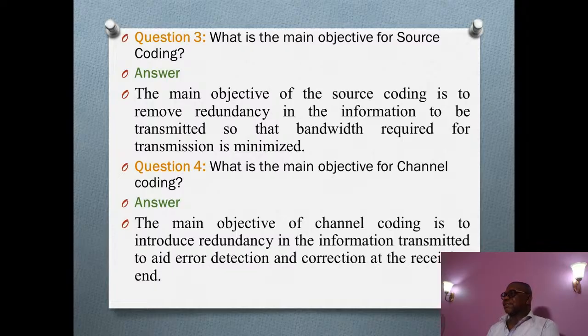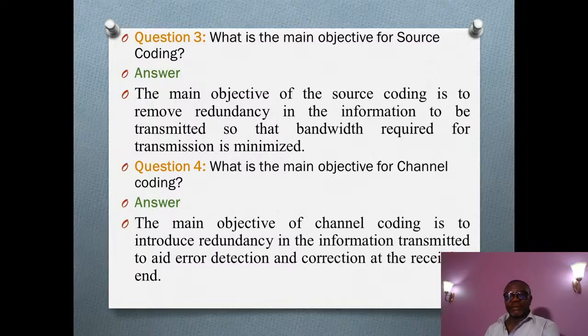Now, this redundancy in the information are those bits that, if you remove them, you will still be able to convey the information unhindered. So the main objective of source coding is to remove these redundancies in the information to be transmitted so that the bandwidth required for transmission is minimized.